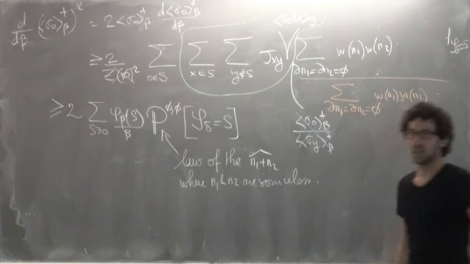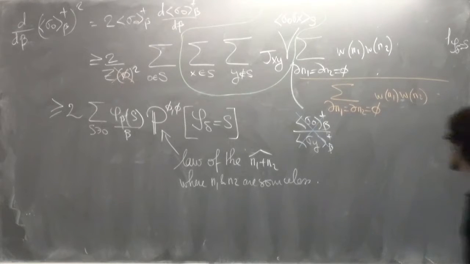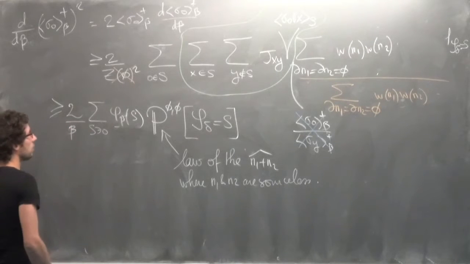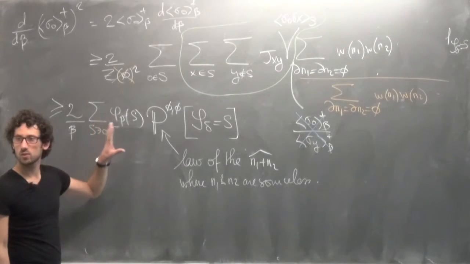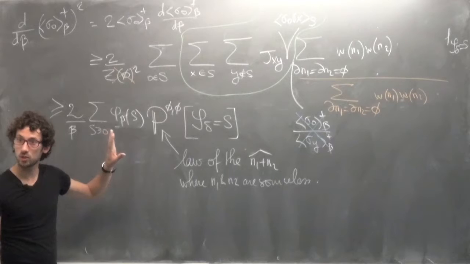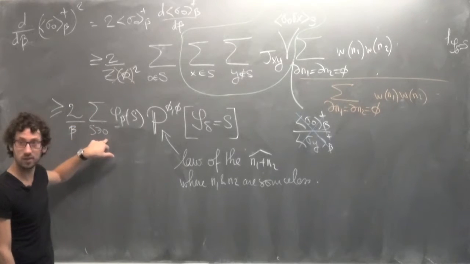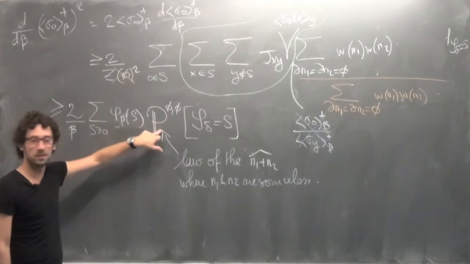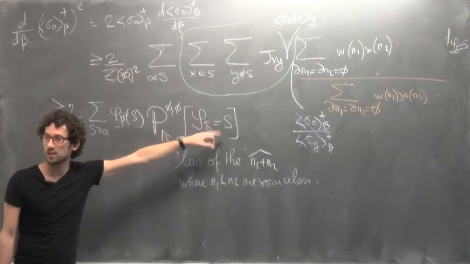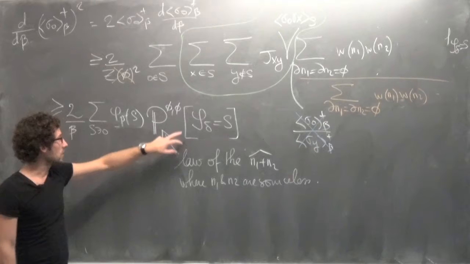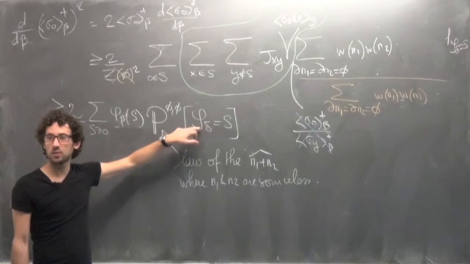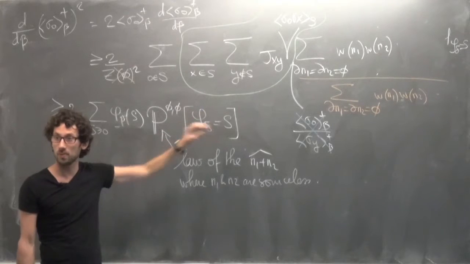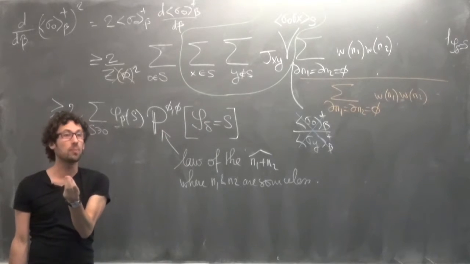Why did I write it like that? Because here, you see, if you put the beta in front, you recover exactly the structure that you had for percolation, which was the sum over the set S containing 0, phi p of S, times the probability that the set S delta is equal to S. For percolation, it was not S delta, it was a set of points that are not connected to the boundary, but really think of delta as your boundary point here.